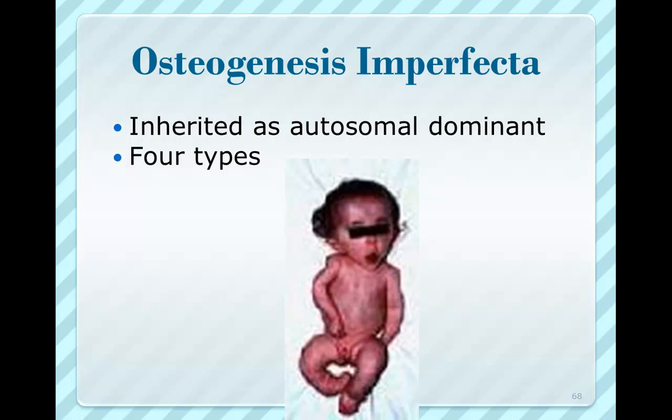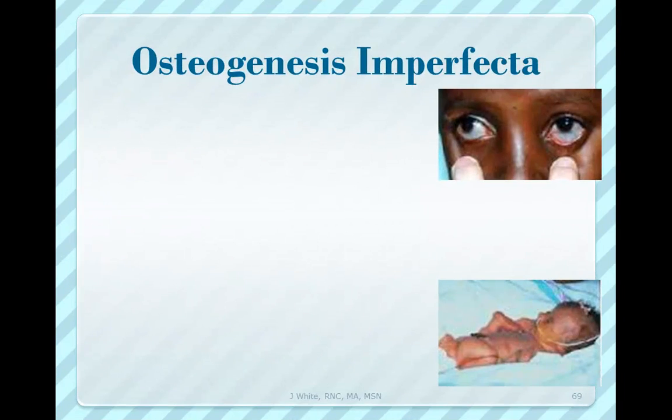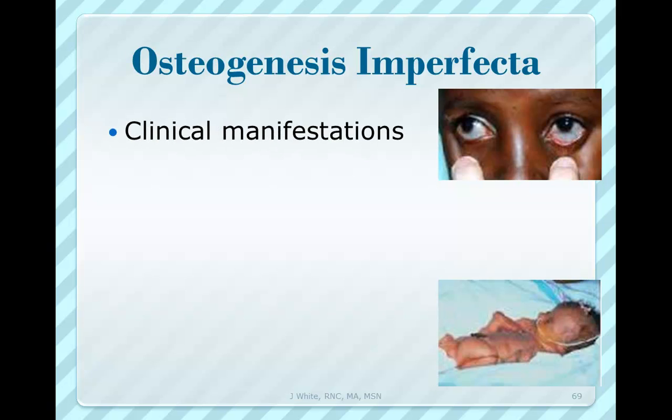Osteogenesis imperfecta, a very unusual disease, usually inherited as autosomal dominant. There are multiple types that you don't have to worry about. Osteogenesis, the formation of bone, is imperfect. Children with osteogenesis imperfecta, depending on which type they have, will have bone fragility, and the degree of fragility depends on the severity.